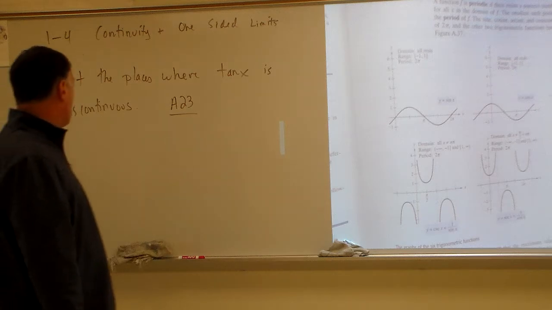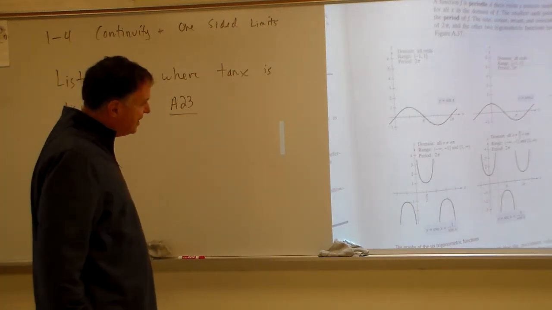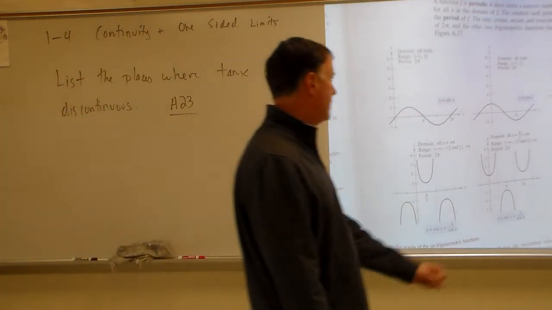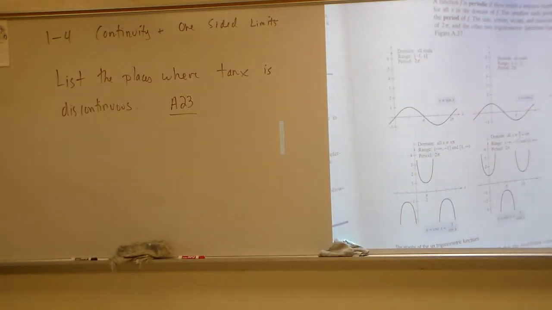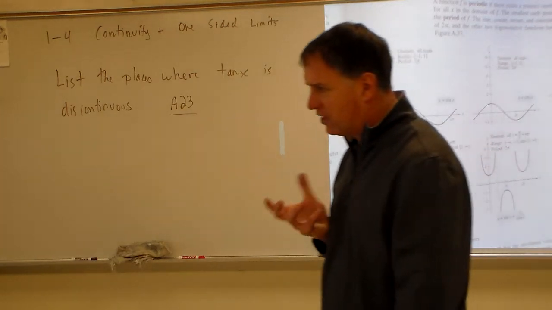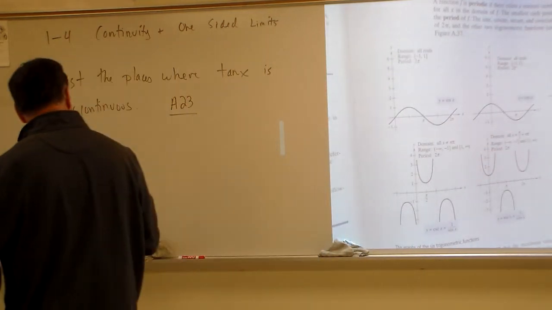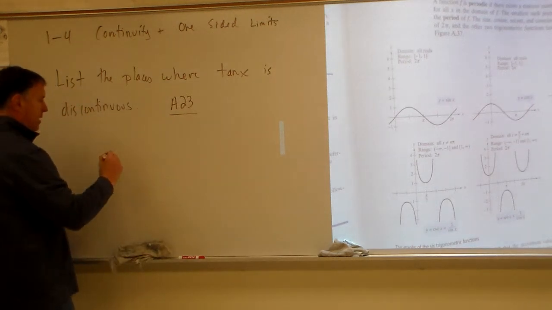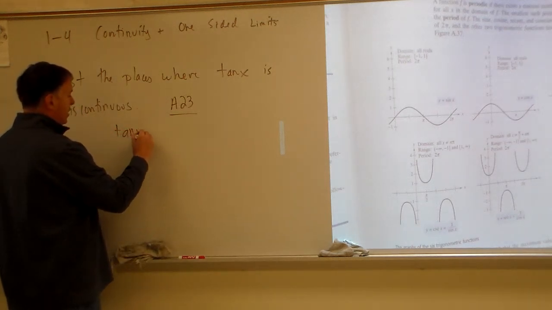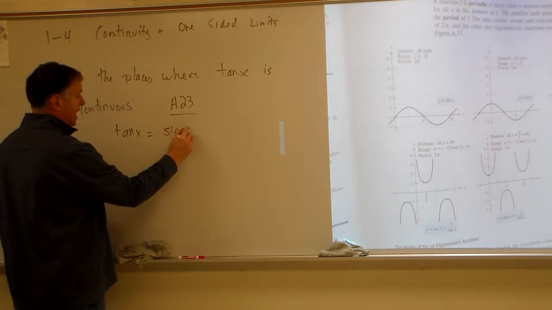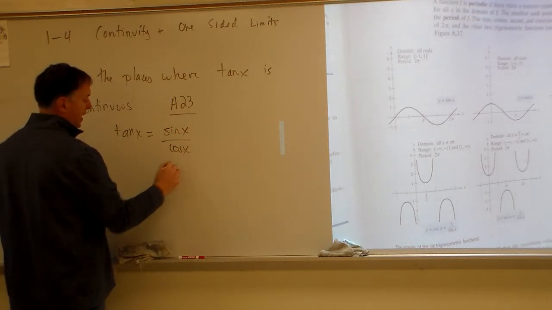So we want to list where tangent is discontinuous. Let's go over to tangent. Tangent's right here. We know that tangent is going to have some discontinuities because the tangent of x is equal to the sine of x over the cosine of x.